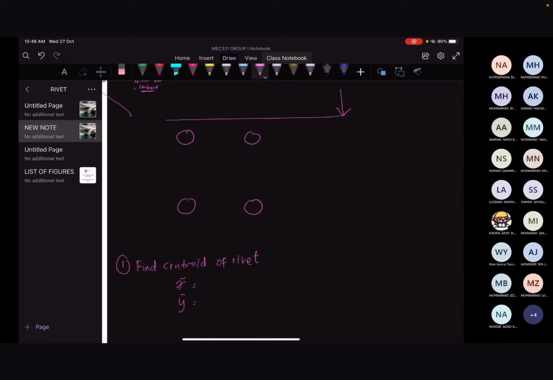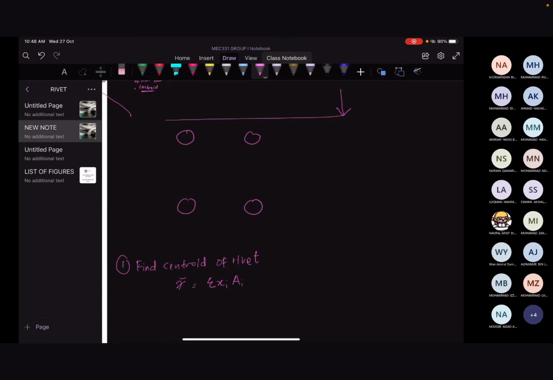Okay, so macam mana kita nak cari the centroid? How can we find the X bar? Daripada formula dulu belajar dalam static, it is the summation of coordinate X1 darabkan dengan area of the rivet.